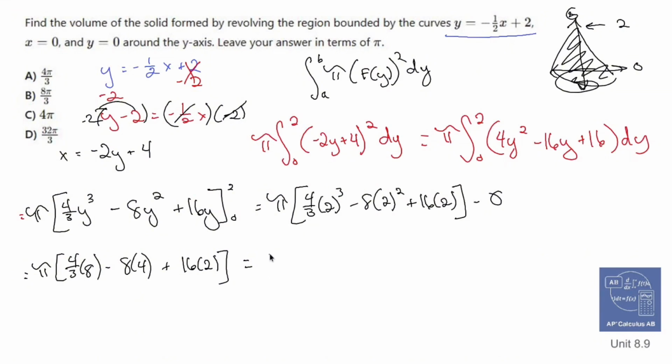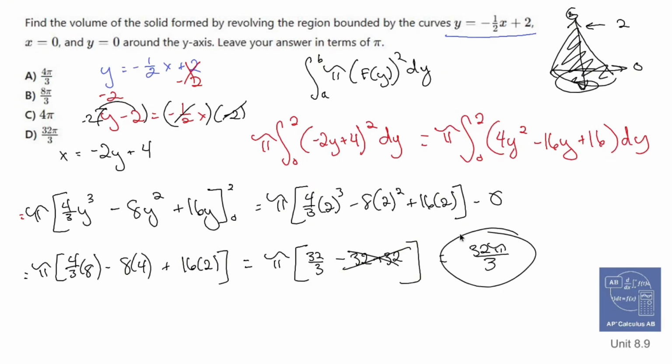So you become pi, 32 over 3 minus, oh, no way, 32 plus 32, so those cancel out, and you become 32 pi over 3, which is D. Isn't that fun?